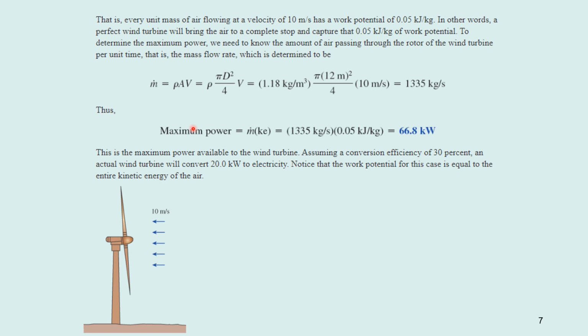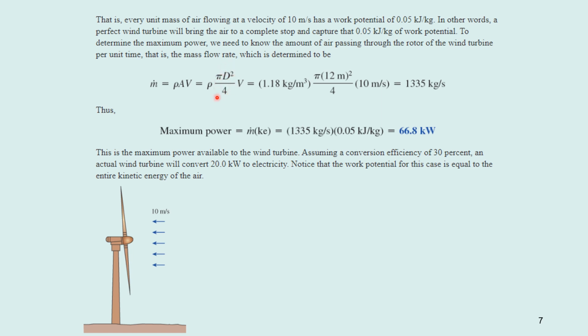Now, if you want to calculate the power, you're going to have to multiply by the mass flow rate. Here, the mass flow rate is the density times the area times the velocity. We're going to treat the area as a circle, so it's pi r squared. It gives us the diameter, so we can use the diameter squared times pi divided by 4.